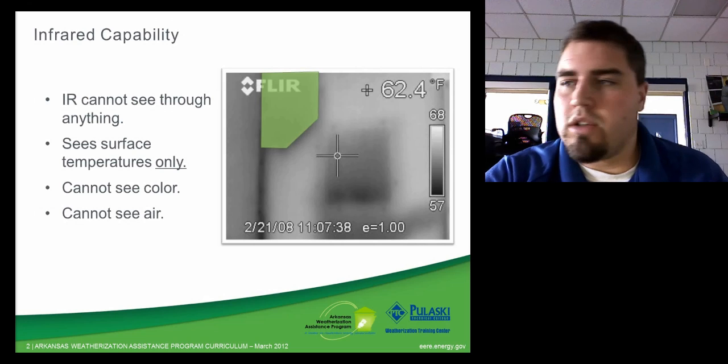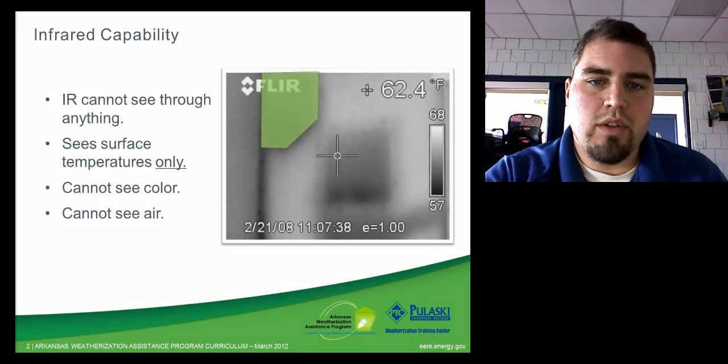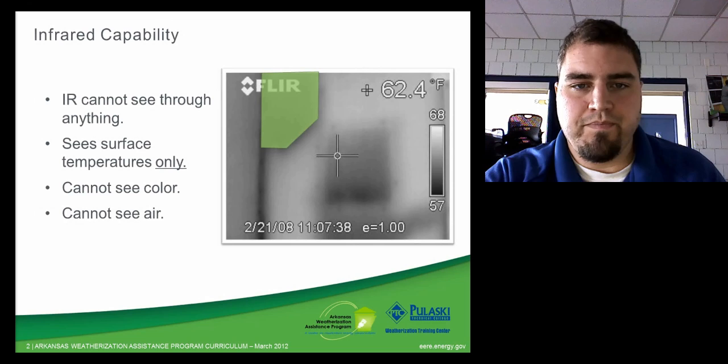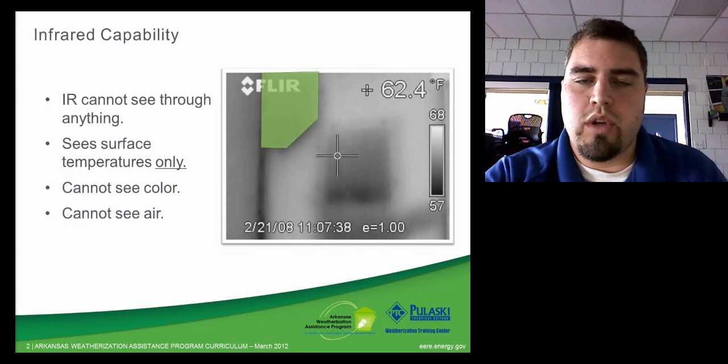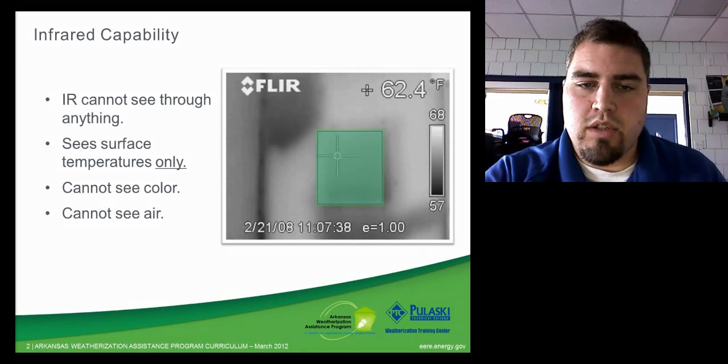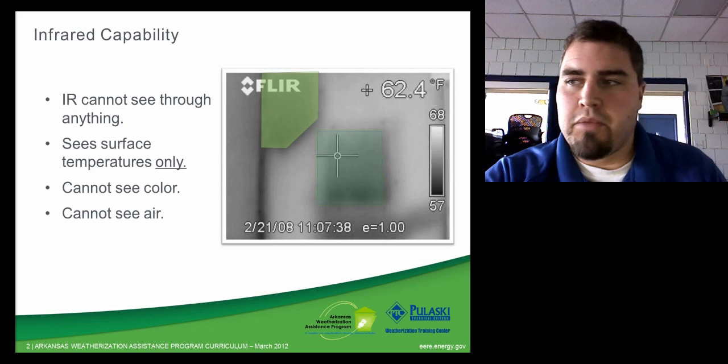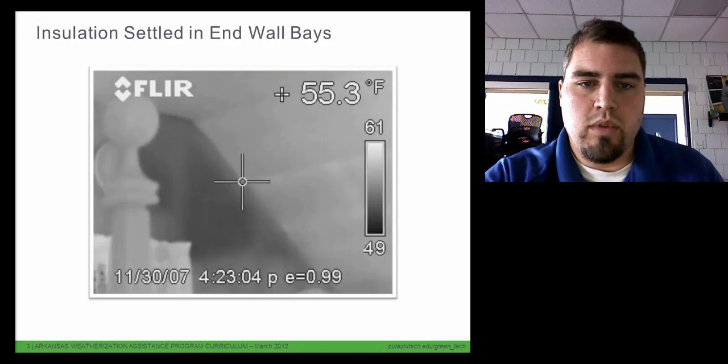These little colored slides like this, you can add these colors in on your picture. It's a pretty handy little sales tool if you're trying to point out to a client walls need to be insulated. If you're able to show them this missing insulation, pretty handy little sales tool.